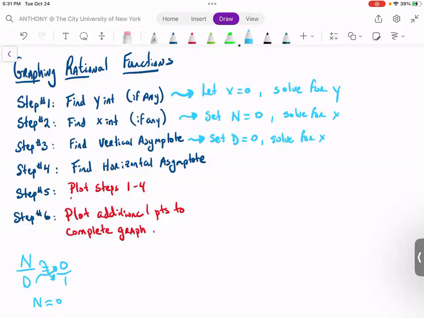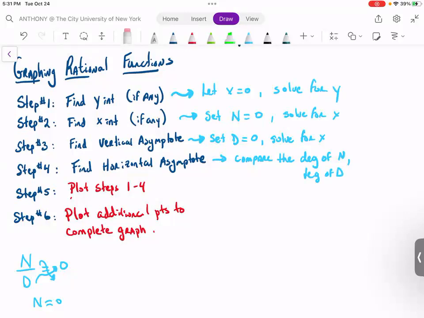But be careful, because when you want to find vertical asymptotes, you just got to make sure that there's no common factors. All right, and to find the horizontal asymptote, you compare the degree of n and the degree of d, which we did in the previous example, right?